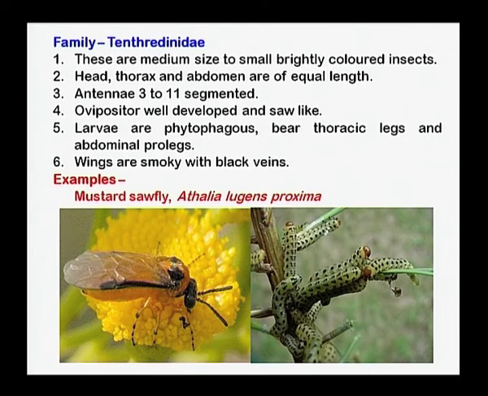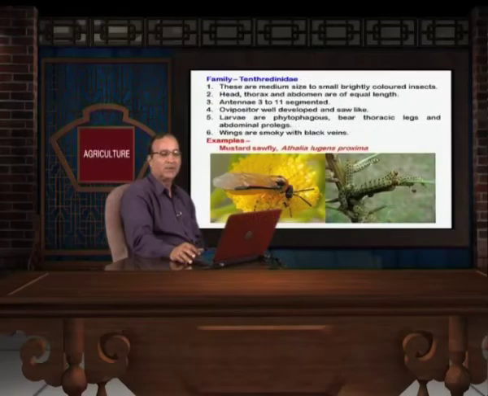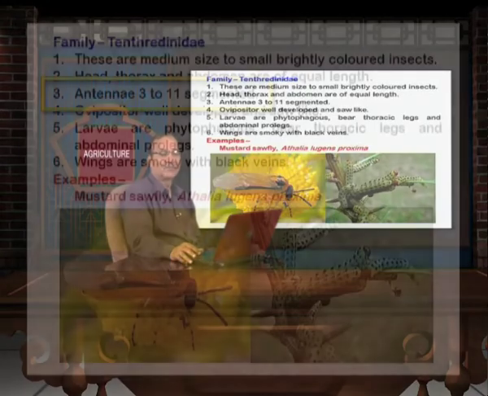The insects of this family are medium sized and brightly colored. Head, thorax and abdomen are of equal length. It means all three body divisions are more or less of the same size.